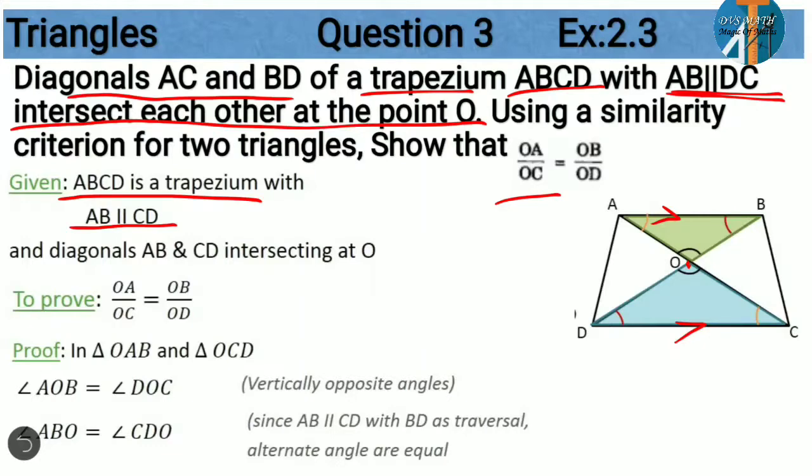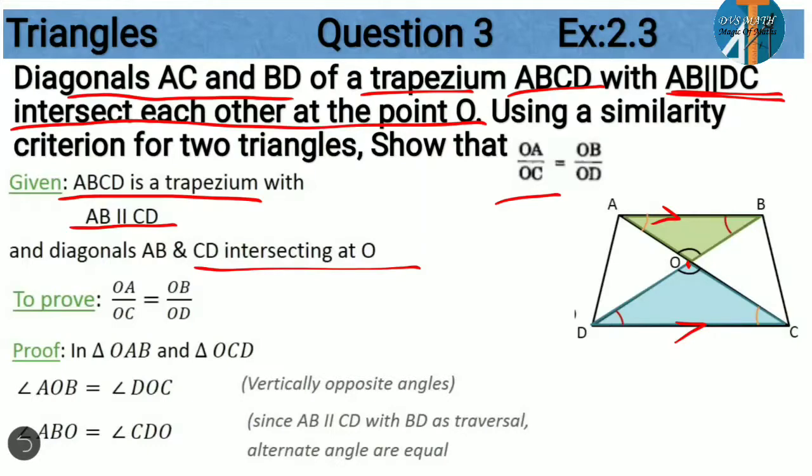For the given, you have to copy the given part from the question itself: ABCD is a trapezium, AB is parallel to CD, and the diagonals AC and BD intersect at O. For this you have to draw the figure, the trapezium ABCD, then join the diagonals at point O. This simple figure is not mentioned in the question or textbook, so we have to draw it. So observe carefully: draw the trapezium and intersect the two diagonals at point O.